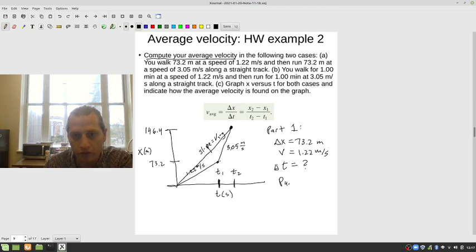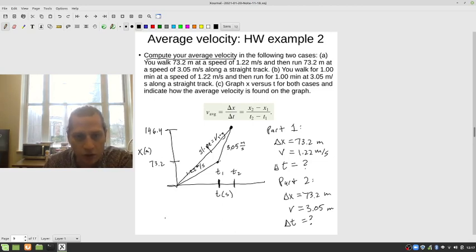And then for part 2, again, you know the delta x, 73.2 meters. You know the v, which is 3.05 meters per second. And you get to find the delta t. Okay, so just use v is delta x over delta t to solve for delta t.